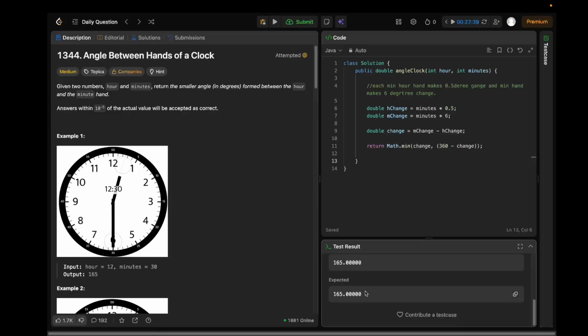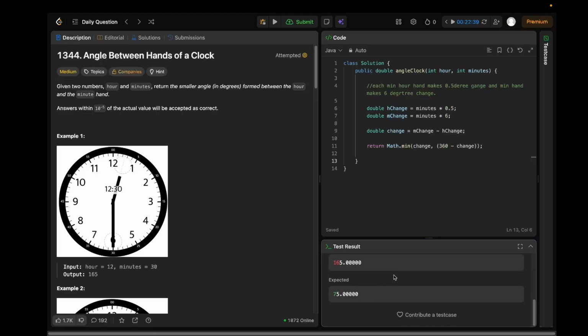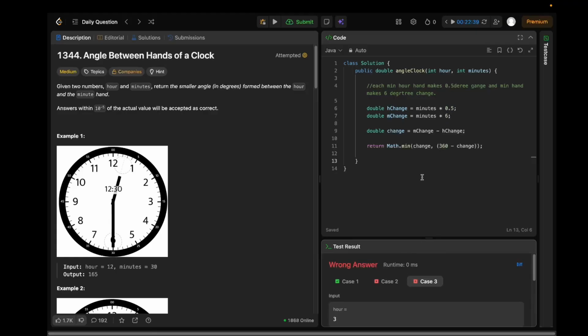Case 1, hour 12. Case 2, expected 75. 165 plus 75 is 240, how is this wrong? 315, right? 1.5.